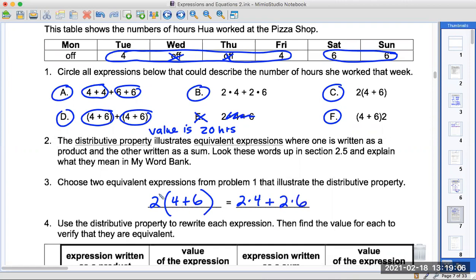This is distributing, meaning you're multiplying everything in the parentheses by that number in front. Okay, you're multiplying everything in the parentheses by the number out front. Draw these bows when we do this because you're going to remember that you have to multiply both parts.